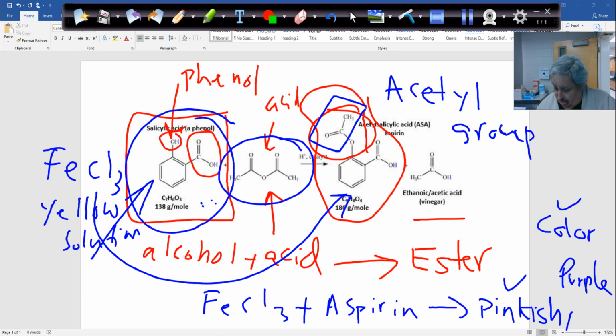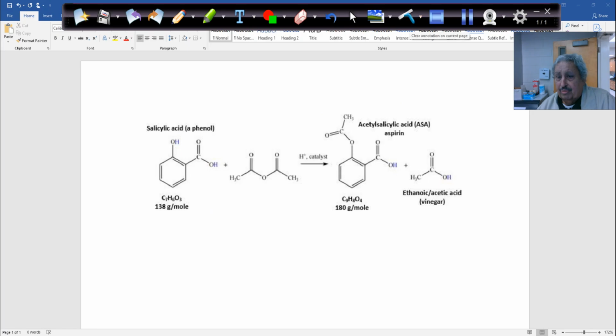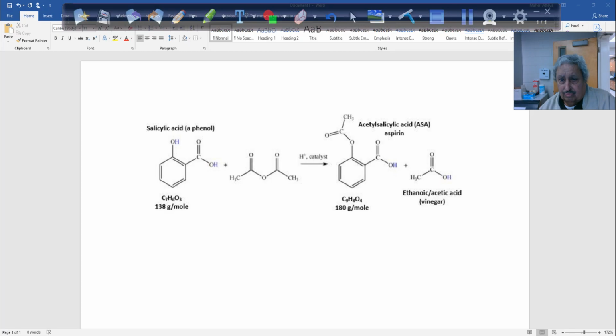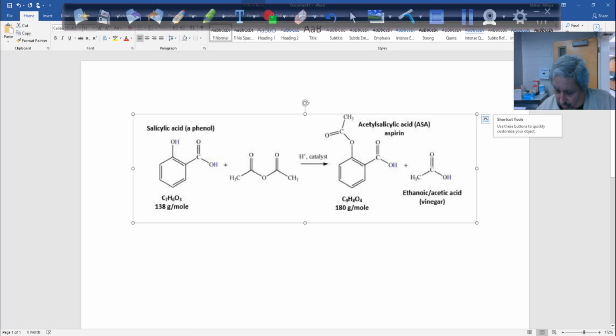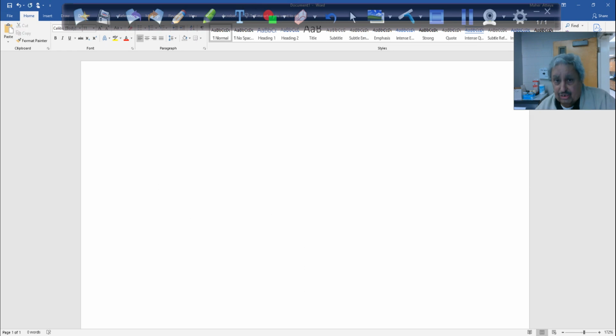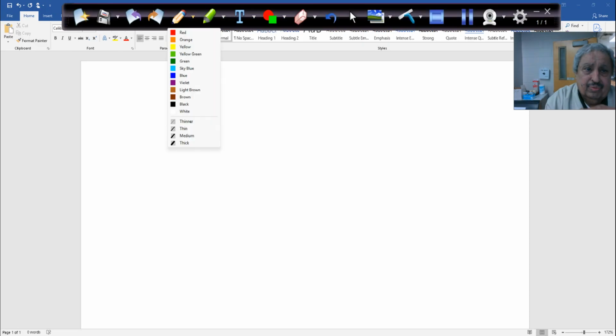So in order to do this, we'll start with the melting point. We use the melting point equipment here. This equipment looks like this.